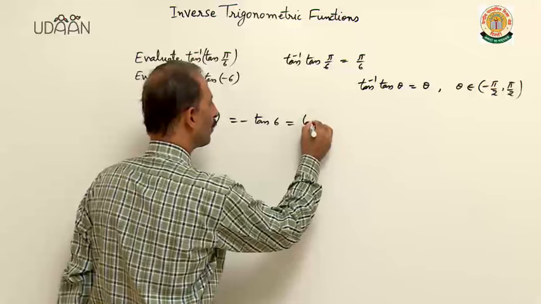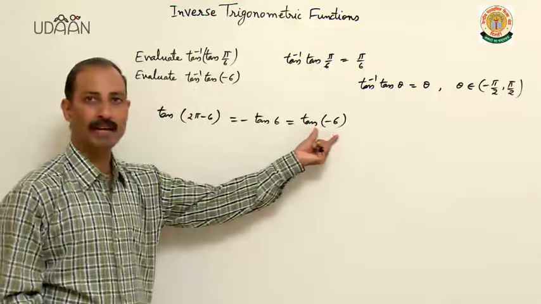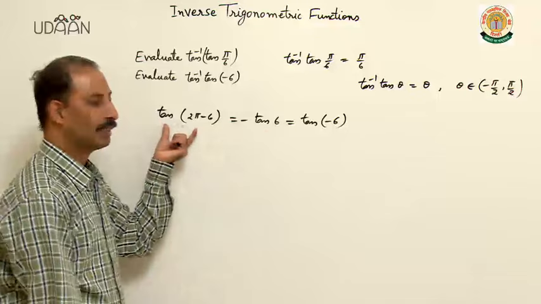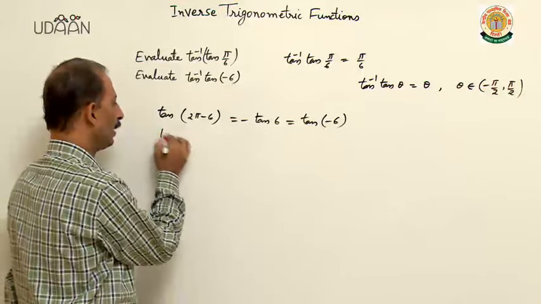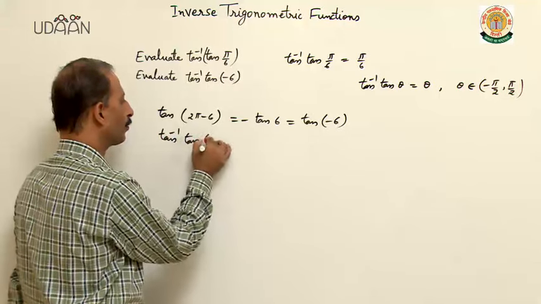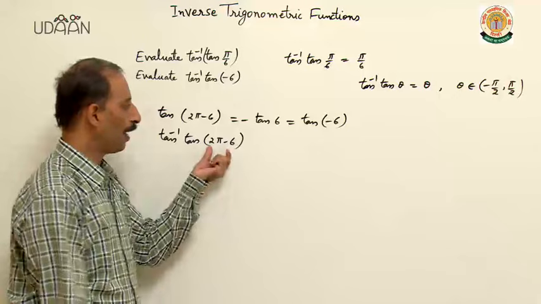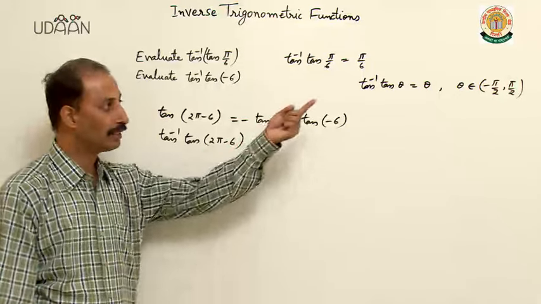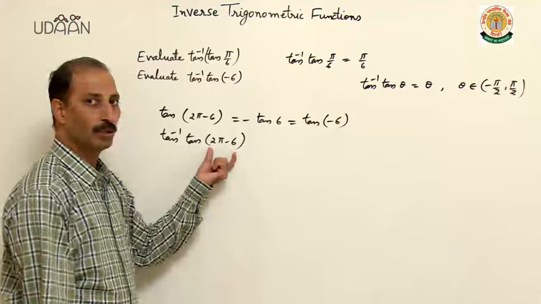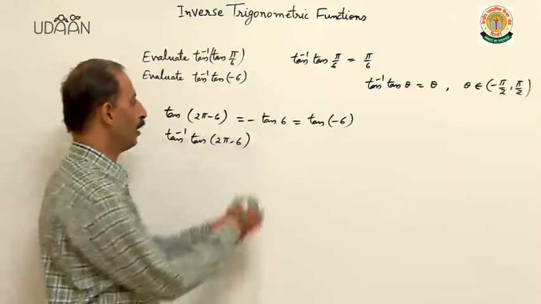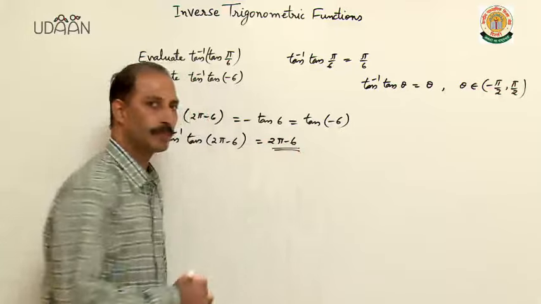So in place of tan of minus 6, I can write tan of 2 pi minus 6. So this becomes tan inverse of tan of 2 pi minus 6. Now you can check children, 2 pi minus 6 lies in the interval minus pi by 2 to plus pi by 2. So now we can say its value will be 2 pi minus 6.